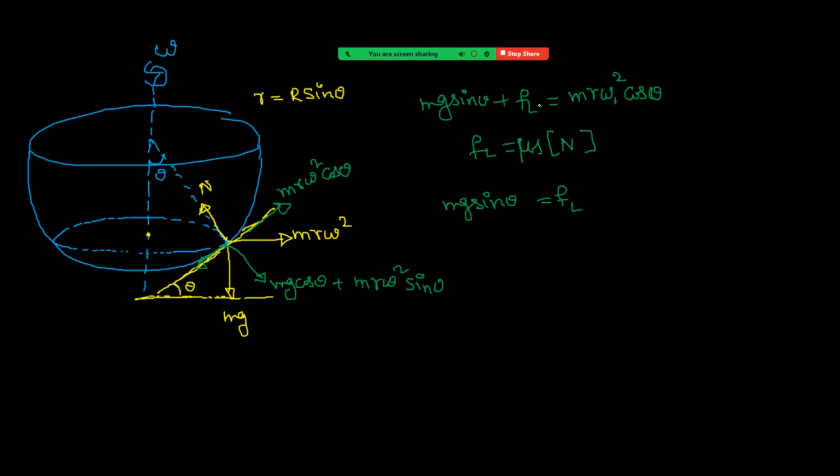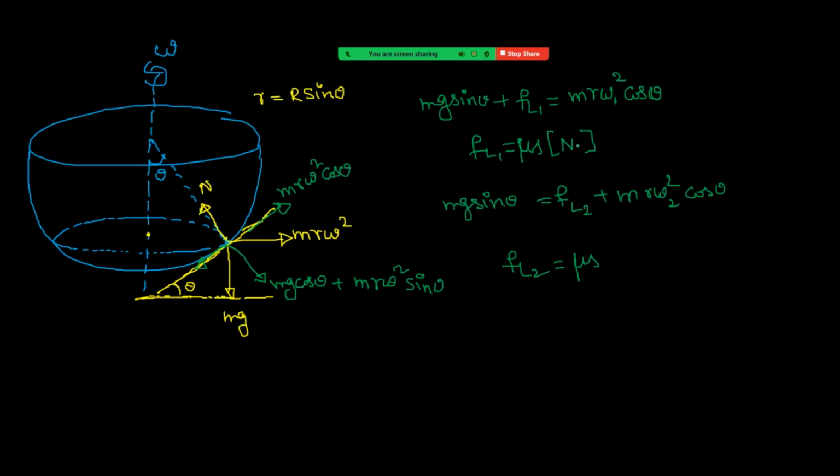Take it as FL1 to avoid confusion, this is FL2, plus m r omega 2 square cos theta. Now in this, FL2 is equal to mu s into N2.